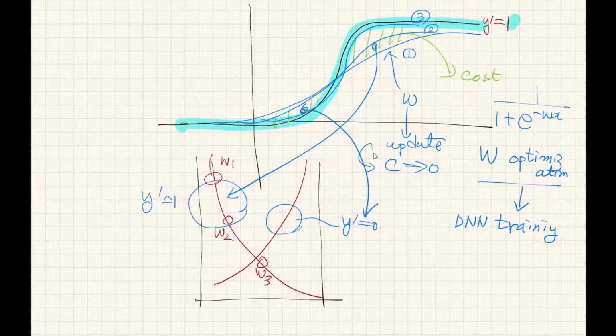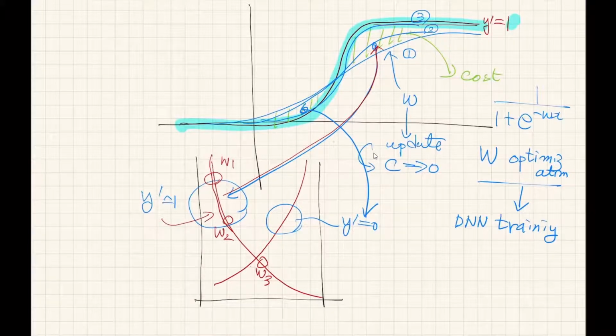This curve is coming from the area between Y dash equal to 1 and our output curve. Here the output is Y dash equal to 1, and that is the curve which is dominant in the cross entropy function.